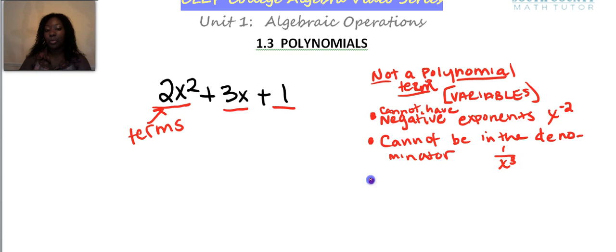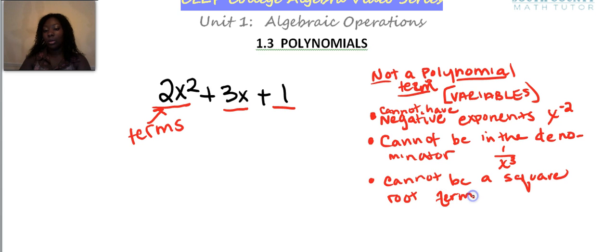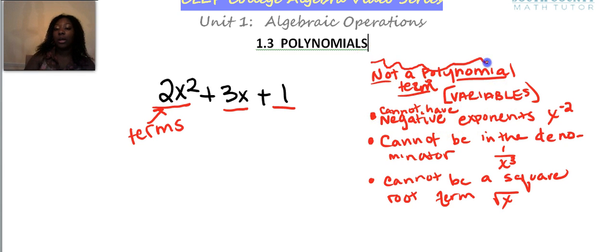And it cannot be a square root term, so square root of x. So it has to follow the general rules of nots. It cannot be these things.